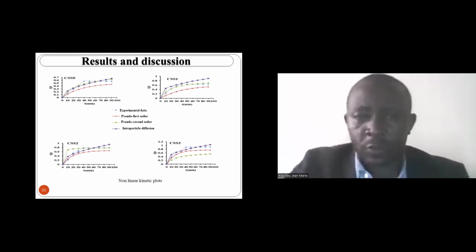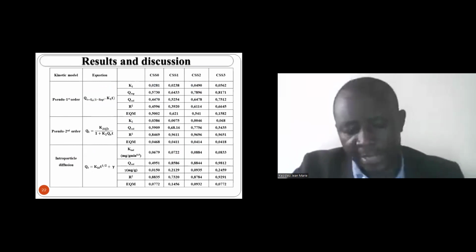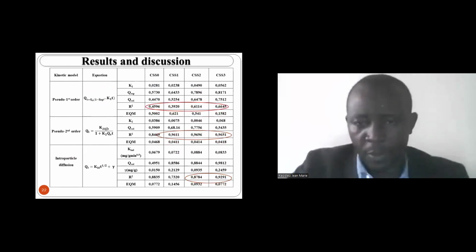For better understanding of the correlation between the experimental data and the different models, we performed the non-linear regression plots, as you can see on this graph, and you can see that the model may suggest an adsorption mechanism.